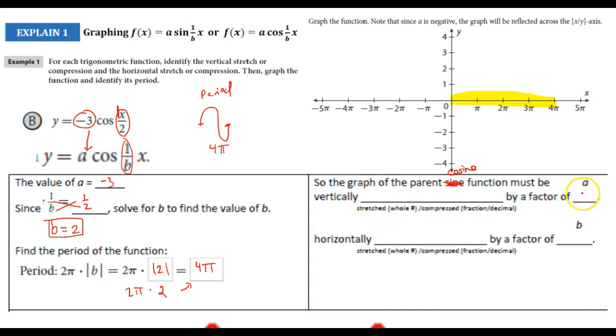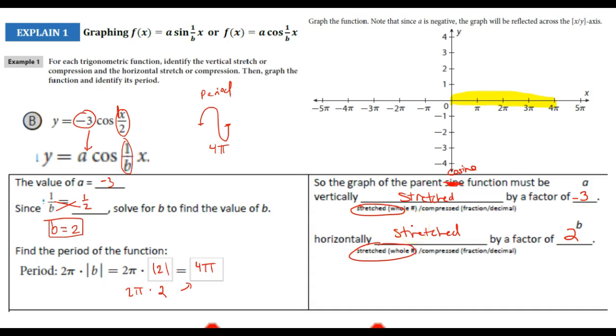Well, our a value was -3, still a whole number, not a decimal, not a fraction, so still going to be stretched, like cheese. Which has nothing to do with this. Let's move on. Horizontally stretched or compressed by a factor of our b value, which is actually 2, a whole number. So it'll be horizontally stretched as well.